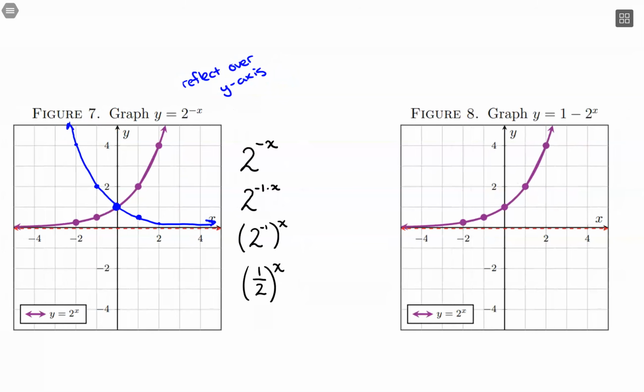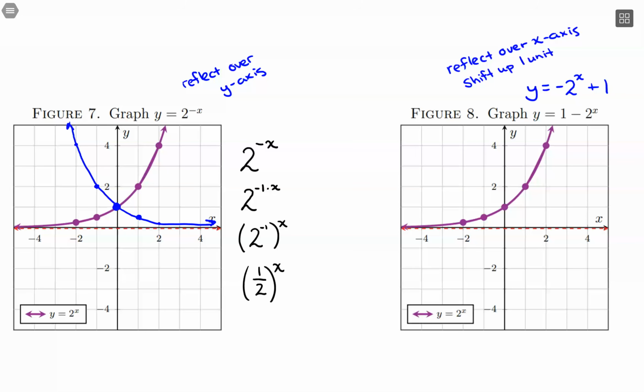All right, one more here. We have 1 minus 2 to the x, and if it helps, I could rearrange this as a negative 2 to the x plus 1. So I could see, okay, multiplying by negative on the outside, so that's a reflection over x. And then with the plus 1 on the outside, we're going to shift up 1 unit.